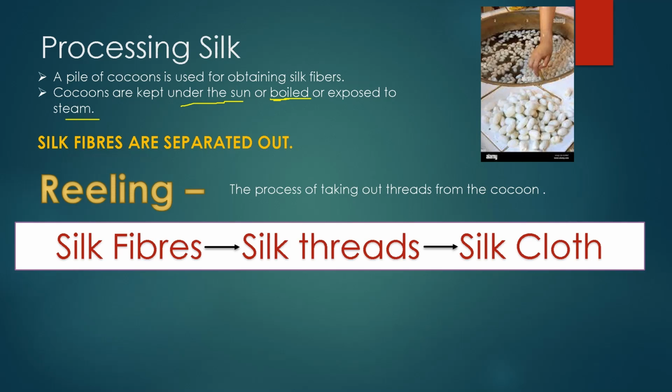You can take the clue from this figure. And now we do the reeling part, the process of taking out threads from the cocoon. The threads we take out from the cocoon we reel, meaning we roll them up neatly so that we can use them further. So what we studied is from silk fiber to silk thread, and then silk cloth is made.